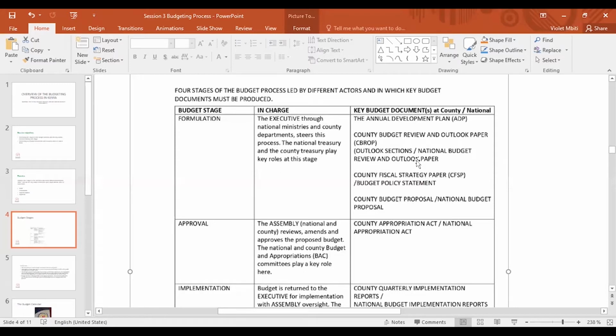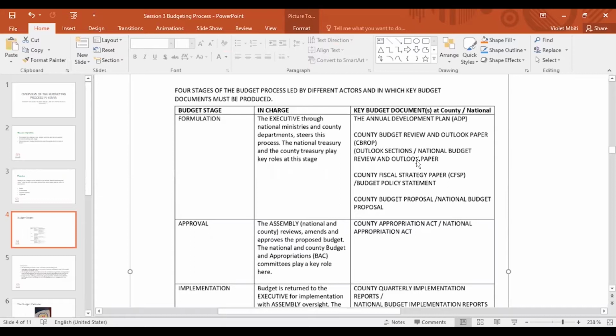The county budget review and outlook paper gives a breakdown for 3 months, so you find December, November, and before November is October.